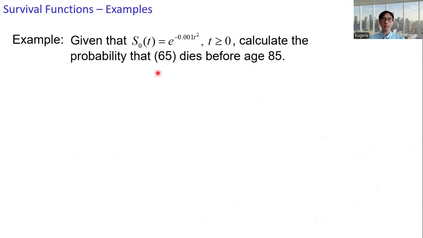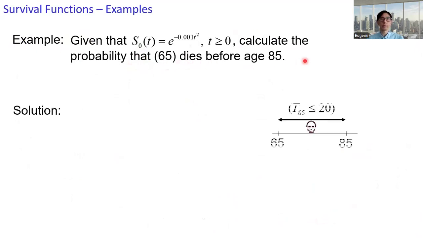We are given S0, and we would like to calculate the probability that a person age 65 dies before age 85. So we have the event T65 is less than or equals to 20.